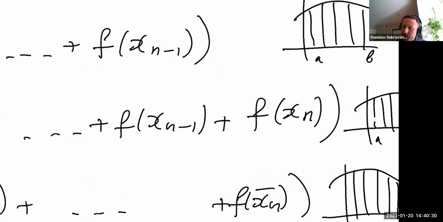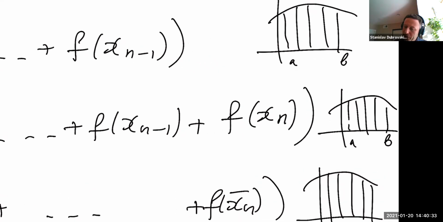Never mind, my drawing may not be perfectly identical. If we now draw the left-hand rule, then we have to draw the height of all rectangles from the leftmost point. So that's our first rectangle, second, third, and fourth. For the right-hand rule, we have to go from the right side. This, that, and that, and that. So you see that they're not identical.